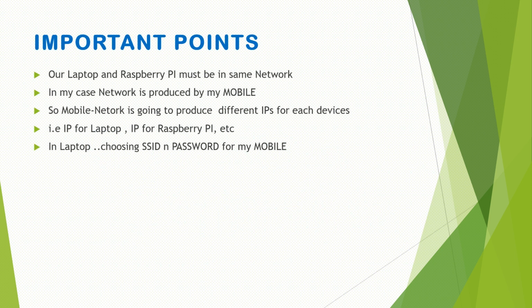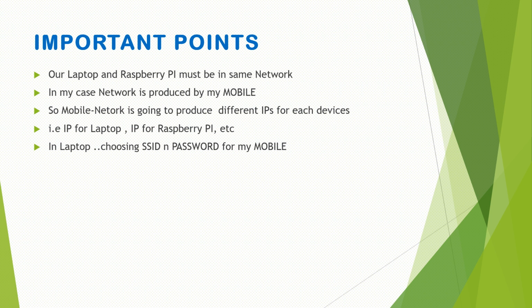So some important points we have. Our laptop and Raspberry Pi must be in the same network. What is this point, guys? You may have two or three different mobiles producing networks, and your Raspberry Pi and your laptop must be connected to the same one.